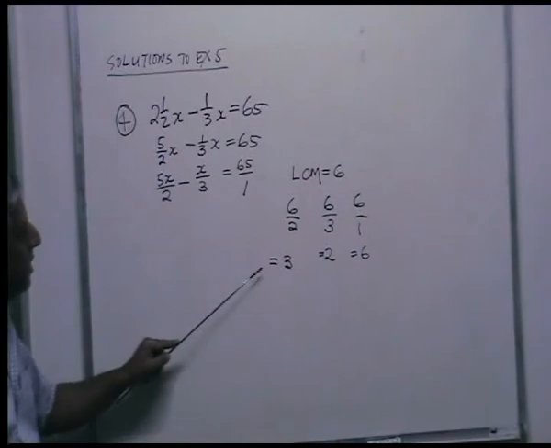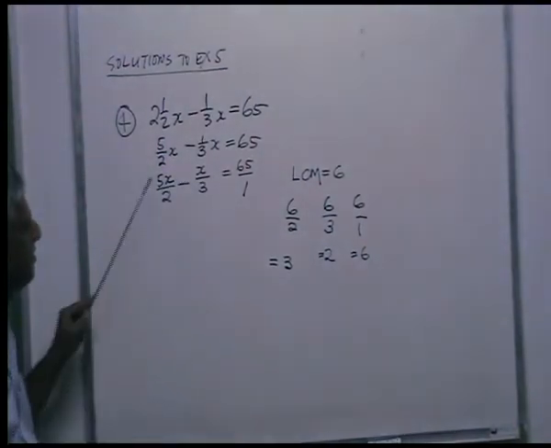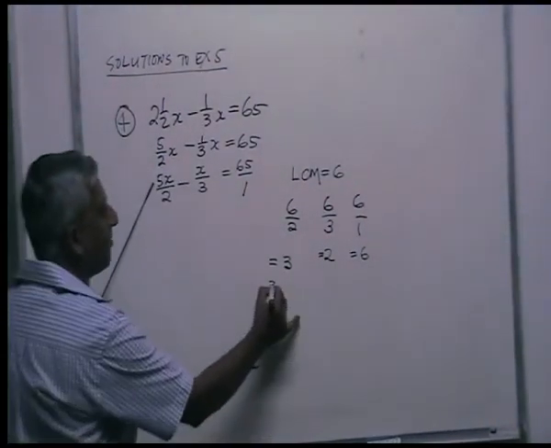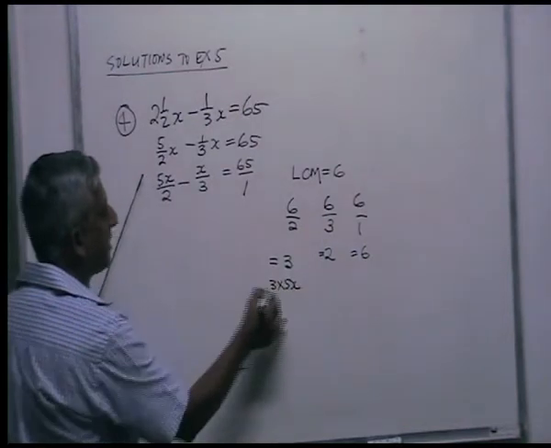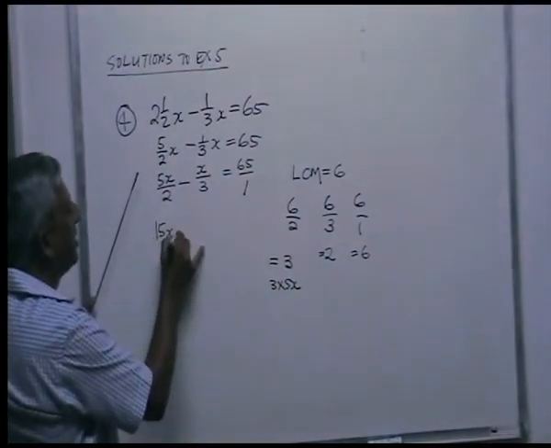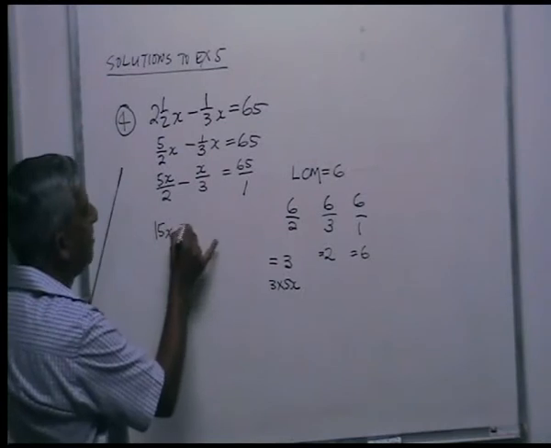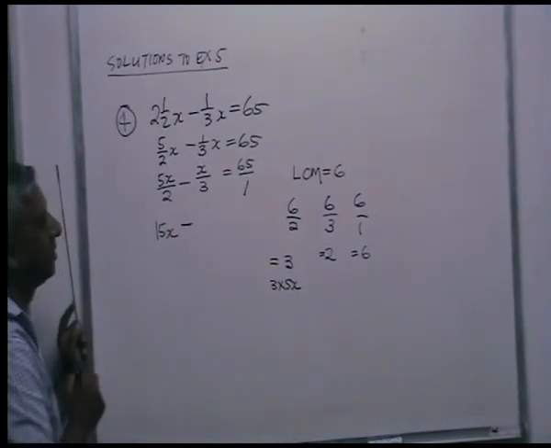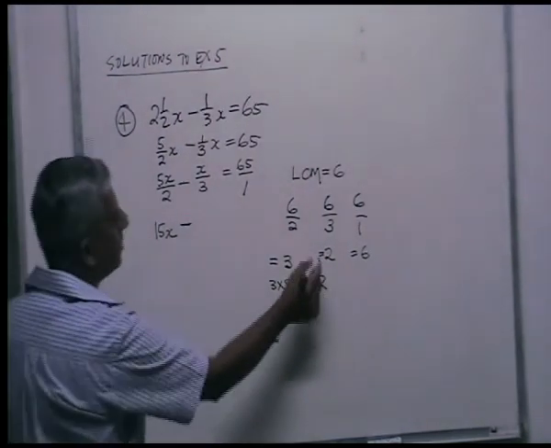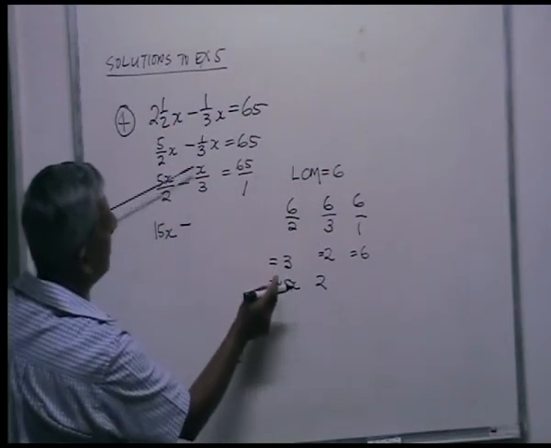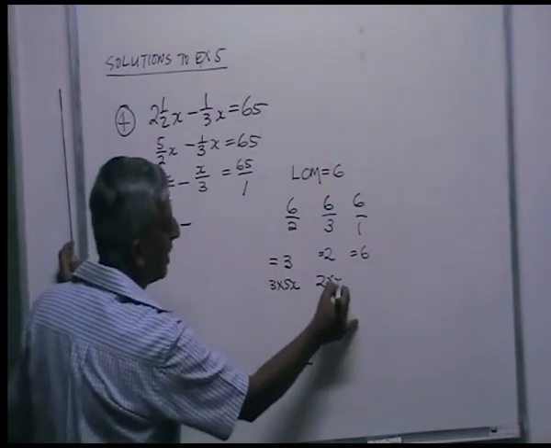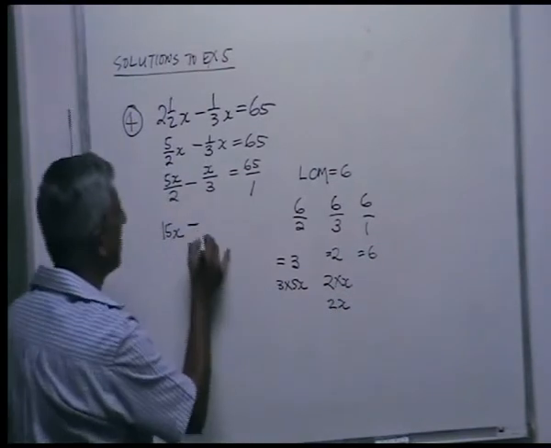Now this one must be multiplied by 5x. 3 times 5x gives you 15x. Now be careful, this is a minus sign, so you write down minus. The second one will be multiplied by the second numerator, 2 times x, which is 2x.